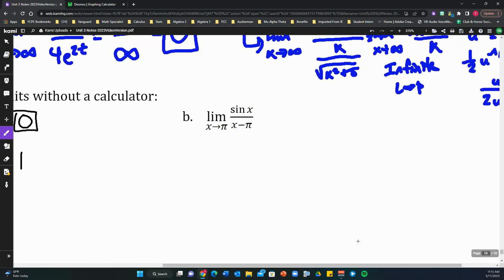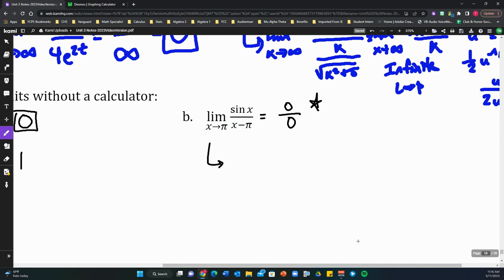Now, for this one, if I try that direct substitution, sine of pi is 0 again, but then on bottom, pi minus pi is also 0. So this is a scenario where we actually do need to use L'Hopital's.